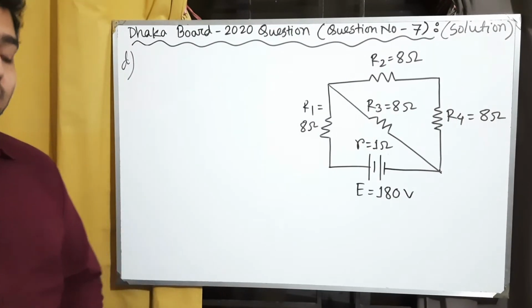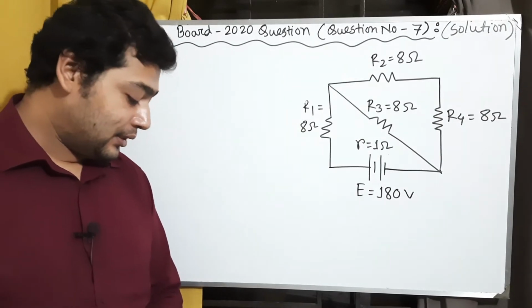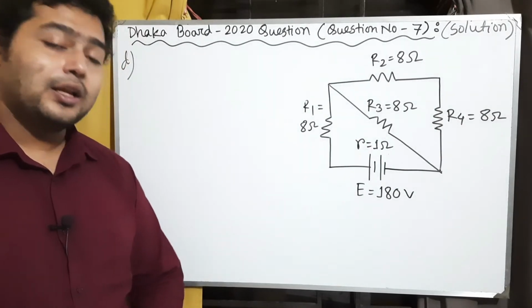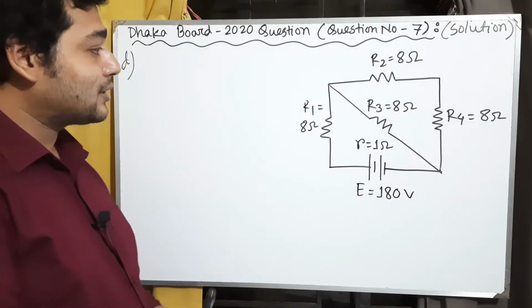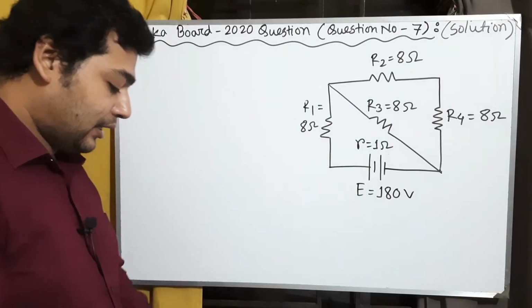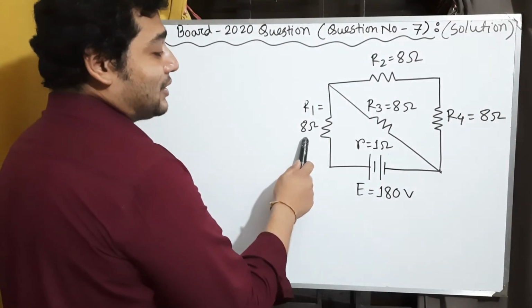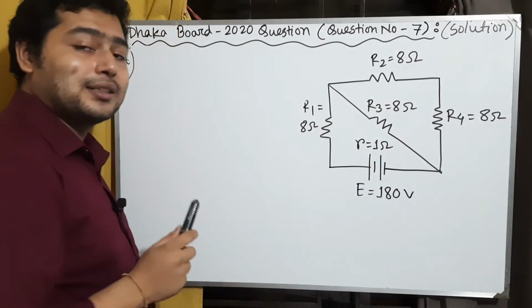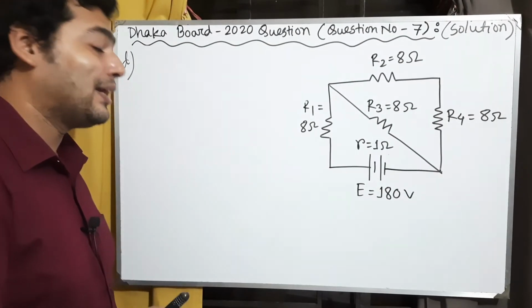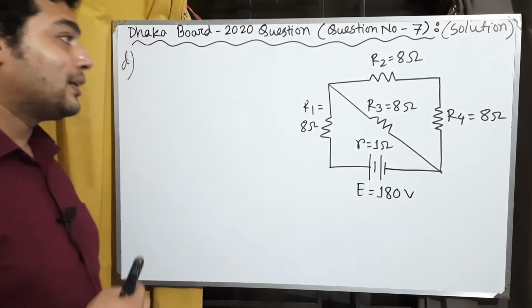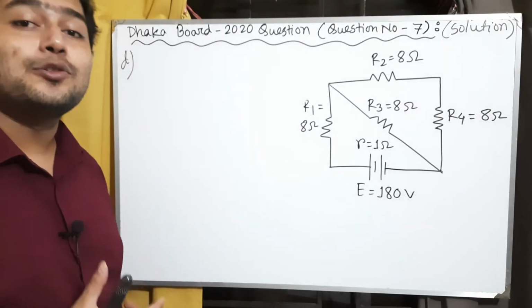Here the question is whether the power is equal or not when the magnitudes of the three resistances R1, R2 and R3 are equal. You see that the values of R1, R2 and R3 are the same, but the question is whether the power of these three resistances is equal or not.